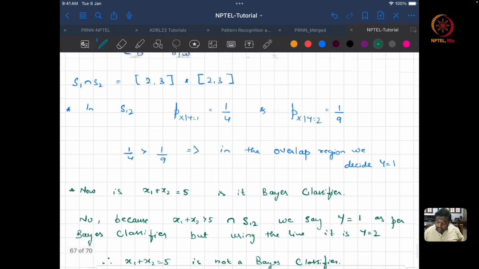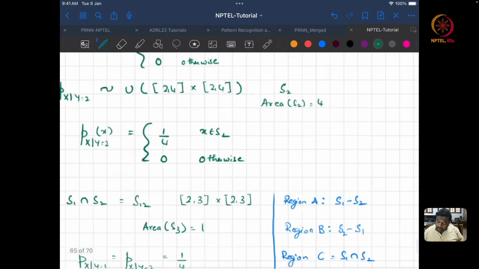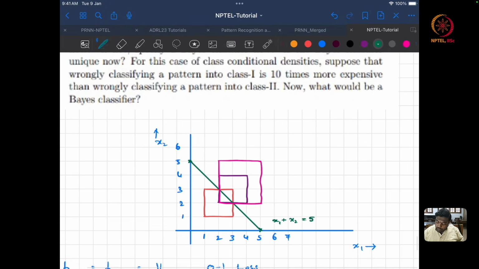Now the Bayes classifier that we are considering says that this whole region is class 1 and this whole thing is class 2. Is it unique? Yes, because there is no overlap, so there is no clash. The decision is fixed.